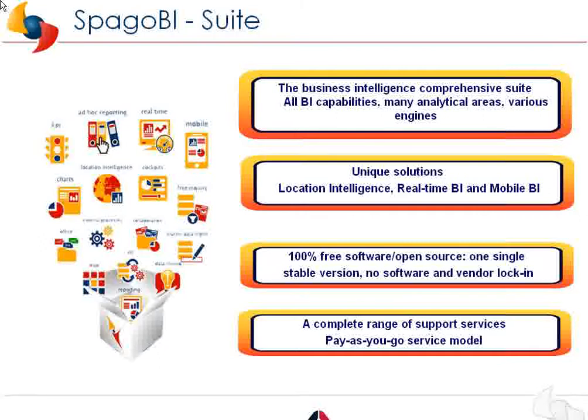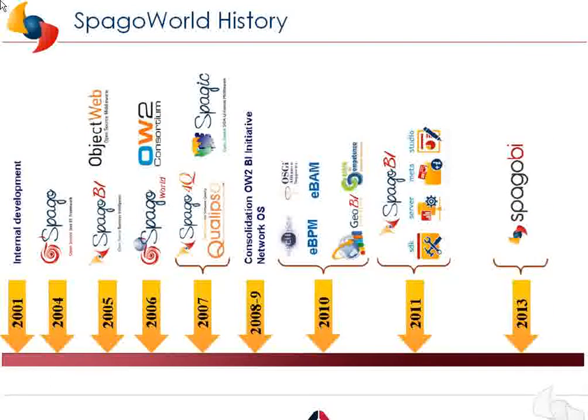You can access services provided by the SpagoBI vendor and by the SpagoBI partners, but the services are totally independent and separated from the right to use the software, in such a way that all functionalities can be used independently of the time you are using the services. So this is a pay-as-you-go service model, in the sense that you access professional services when you need and as long as you need.